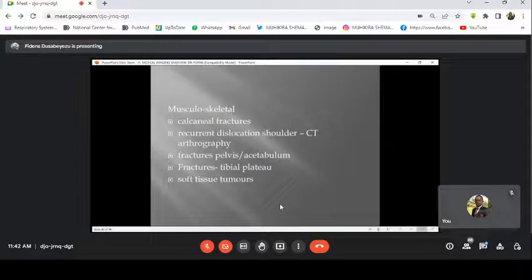For musculoskeletal, muscles and the bones, normally plain conventional X-ray is used. For complex bones like calcaneus, tibial plateau, any joint, those are complex bones, we can request a CT scan because CT scan will give more details.